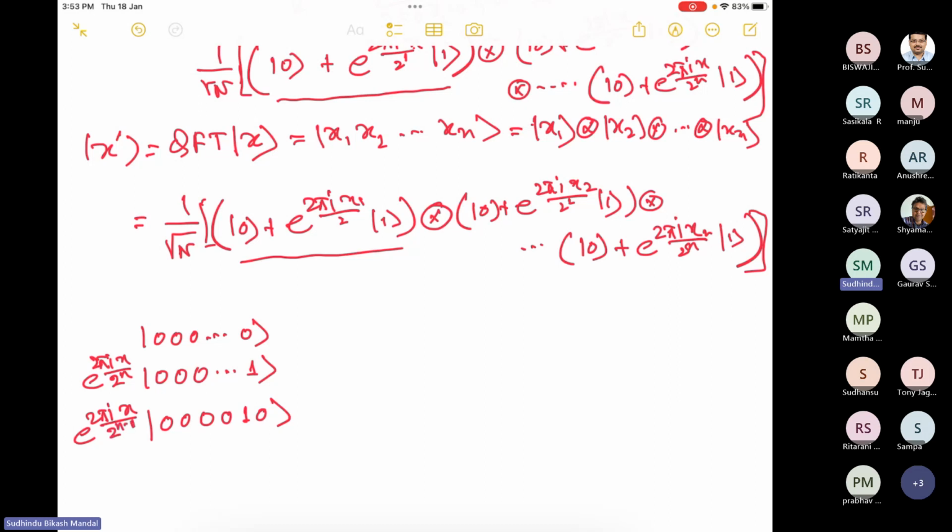So according to the presence of 1, our phase terms will change. If you go one by one, you will get n minus 1, n minus 2, n minus 3 in this way. And another term you will find is totally 1, 1, 1 in terms.